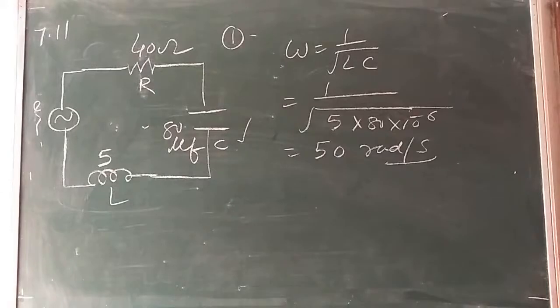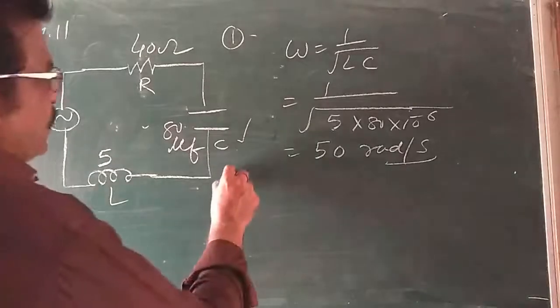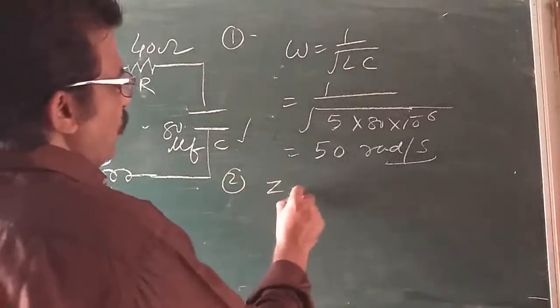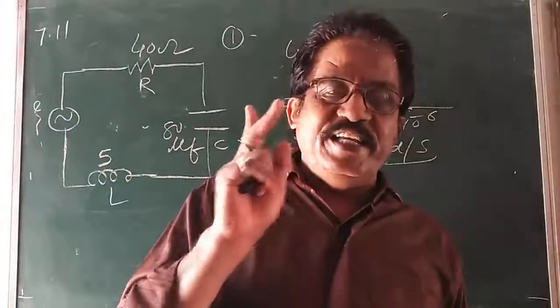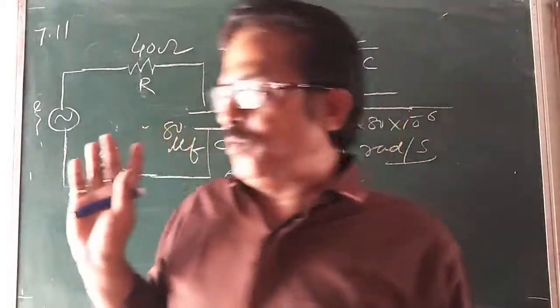Second question is at the resonance. So we know that at resonance Z is equal to R because XL is equal to XC. Is it clear? We know the formula.